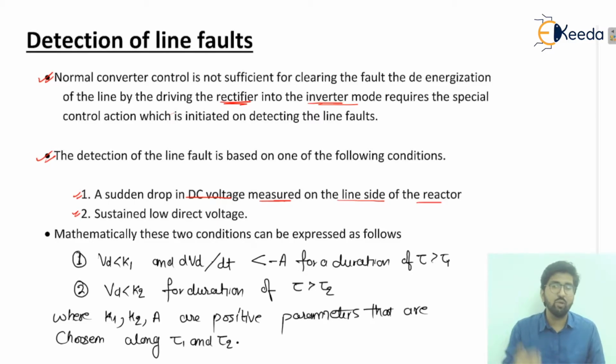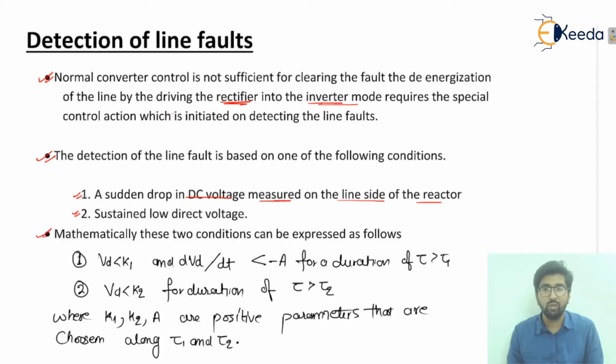The second is a sustained low direct voltage. If the DC voltage value is low and continues to stay at that low level, that is called the sustained low direct voltage.